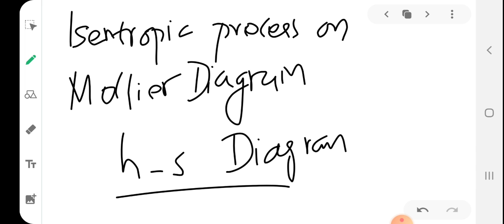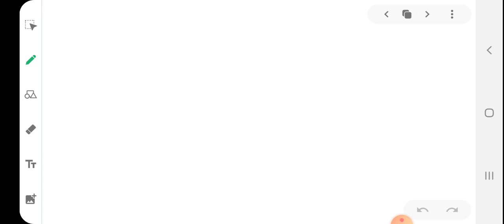Okay. So let us consider the flow of a compressible fluid from a large reservoir through a variable area duct, satisfying the isentropic conditions.